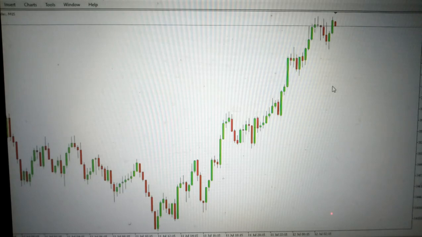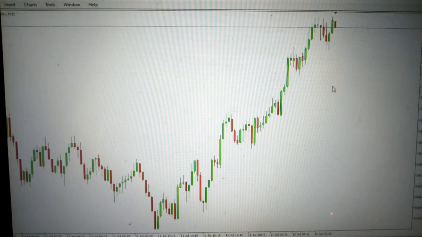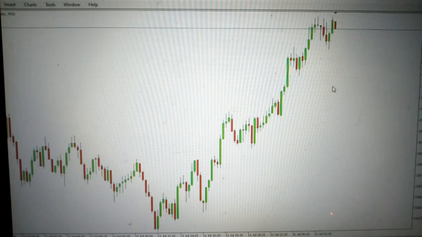Today we'll be looking at how to analyze Volatility Index 75 with Mega Smash strategy. Mega Smash strategy is a very good strategy. You can use it to analyze any forex currency pair.